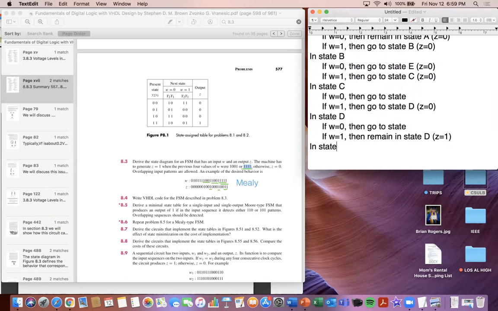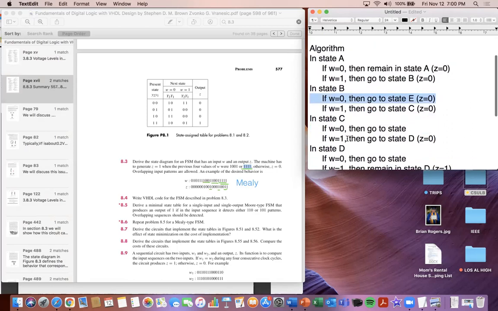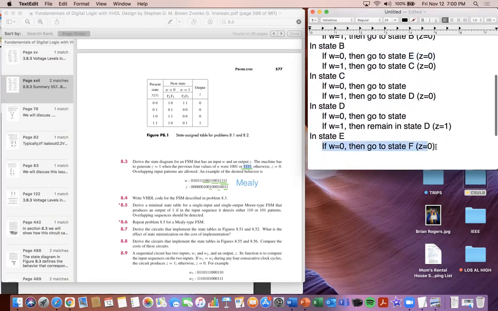So in state E, if W is equal to 0, then go to state F, and that would be Z is still equal to 0. You need one more 1, right? Because we had 1, 0, then we went to state E, 0, and then this would be the other state where Z is equal to 1.